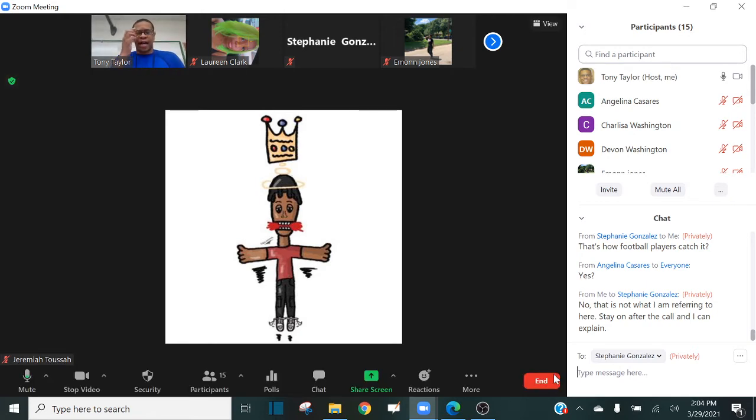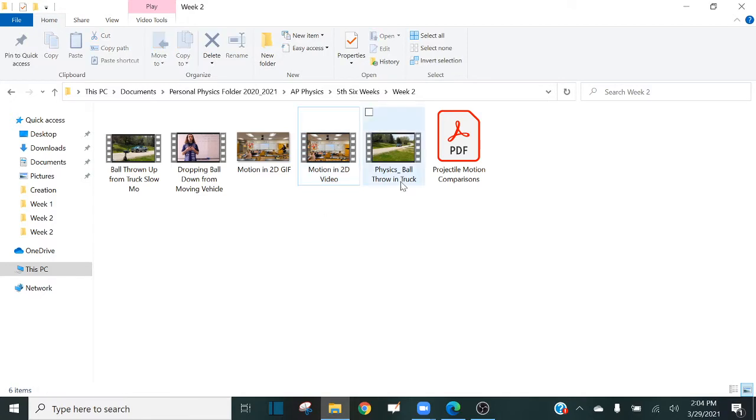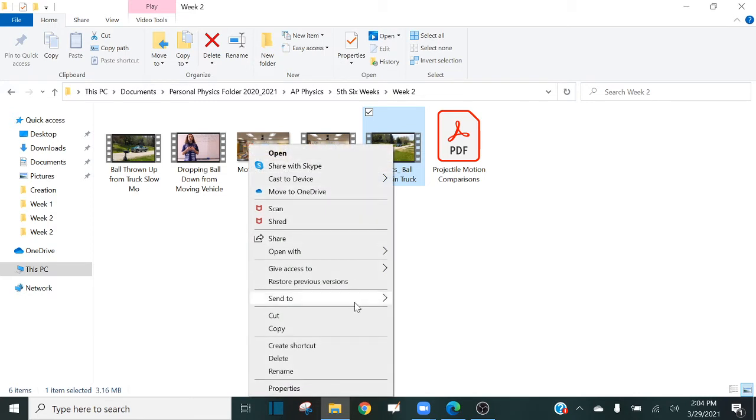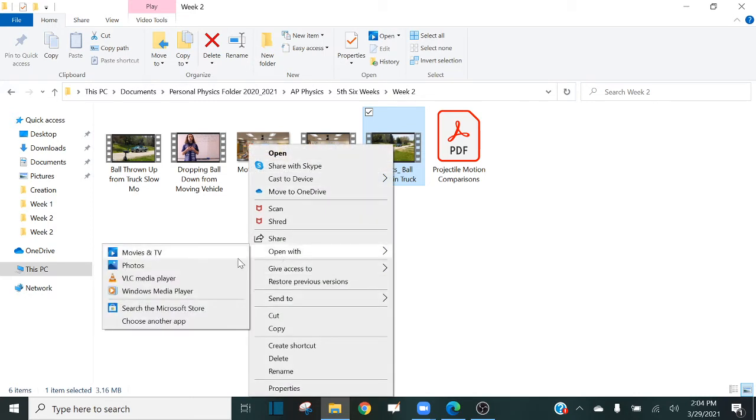Okay, let me show you guys one more example of what I mean when I talk about the x and y components being completely independent of each other. And hopefully this will rid some misconceptions some of you may have.